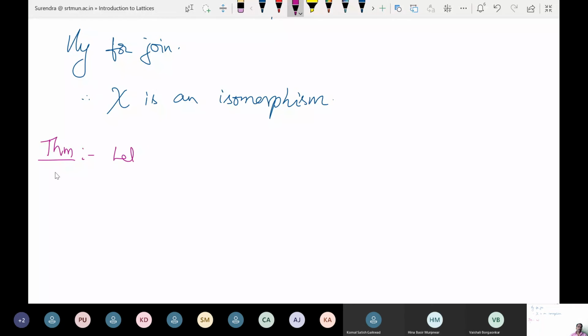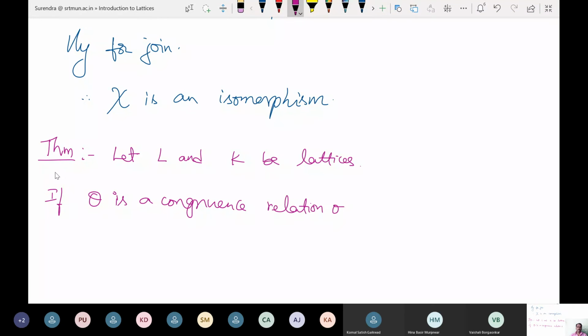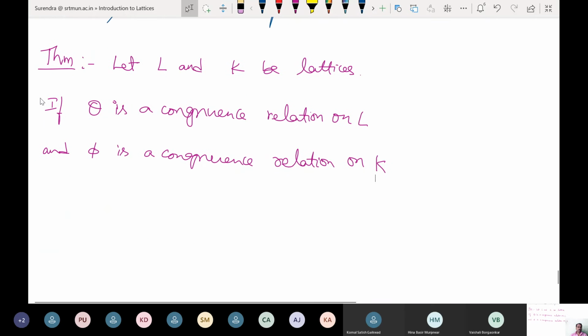Let L and K be lattices. Now if theta is a congruence relation on L and phi is a congruence relation on K, then this theta cross phi is defined as follows: you take any two elements (a, b) and (c, d).